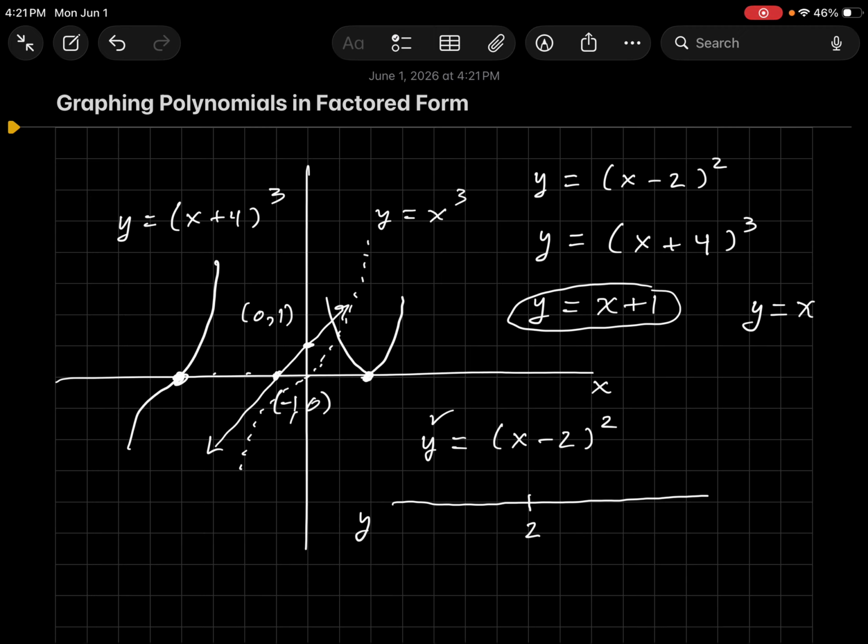So if I plug in x equals 2, clearly y equals 0. Now this is the only 0, meaning this is the only place that y can change signs. So if I choose a value such as x equals 4, and I plug it into my function here, notice that I get a positive value for y.